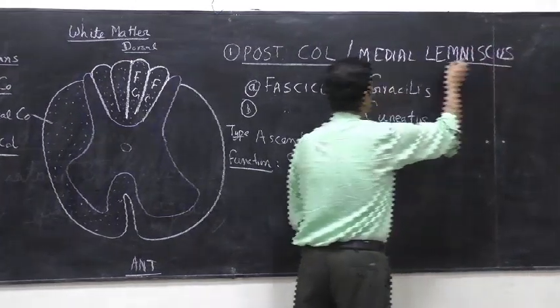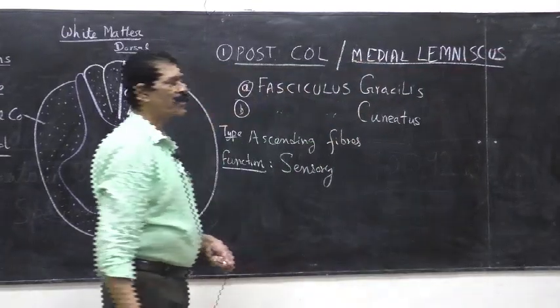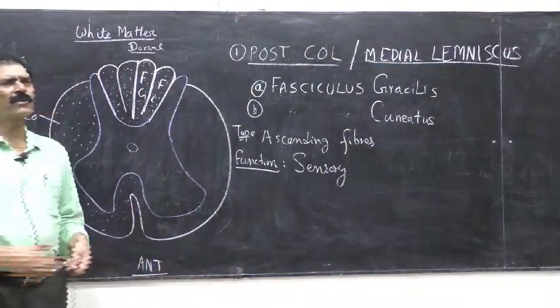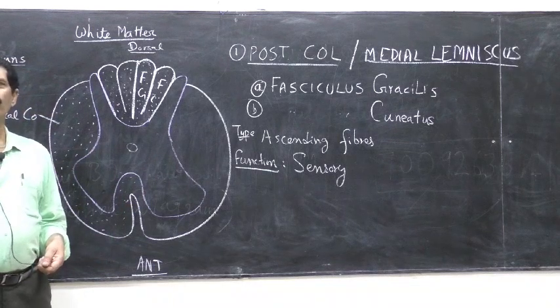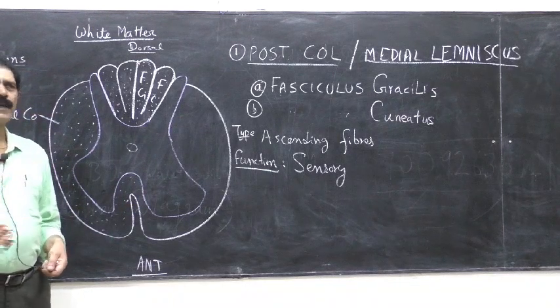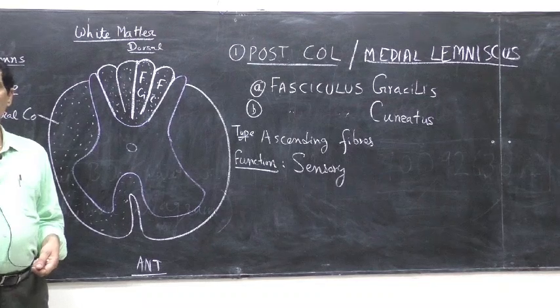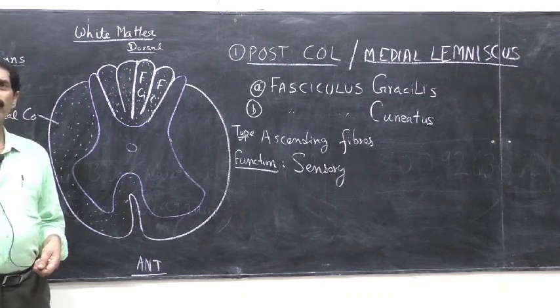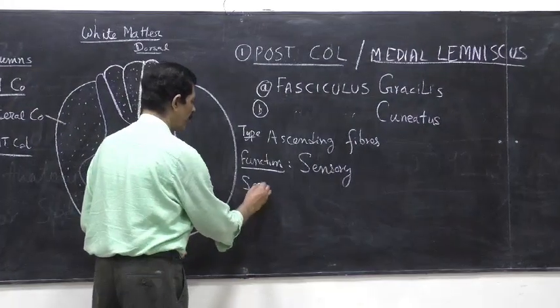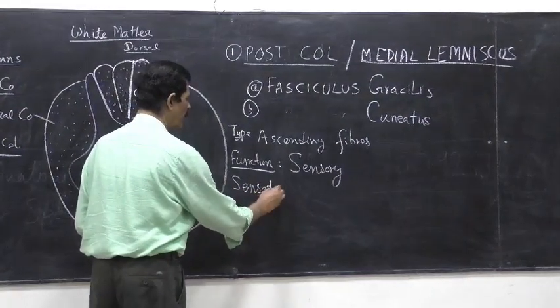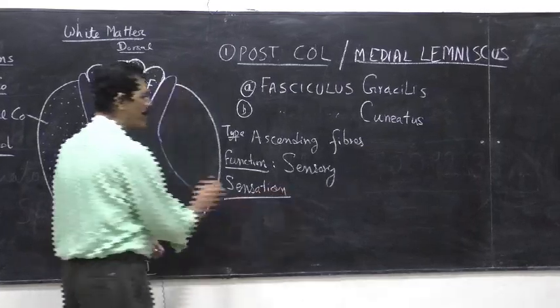Whenever a question comes of the medial lemniscus or posterior column, you have to attempt this question like this. So they are sensory fibers because they are going from the spinal cord to the brain. If they are sensory, now the next question arises, which type of sensations they are carrying or giving to the brain. So this is how to make these headings and subheadings.